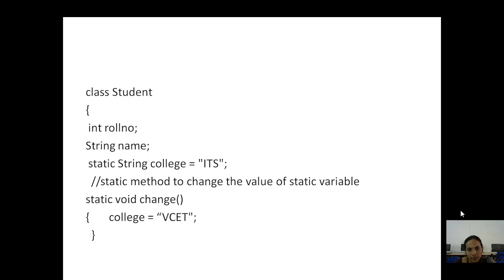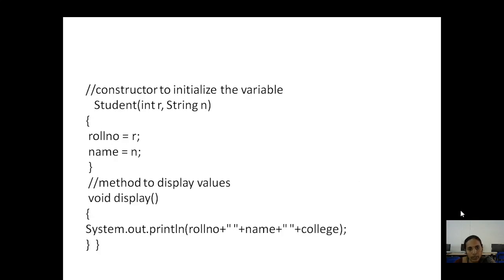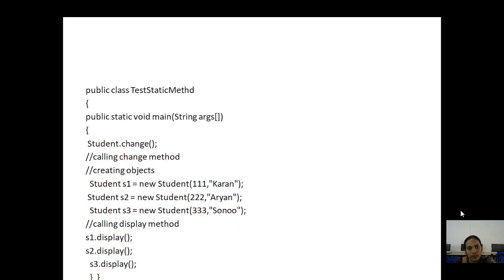In that method we are assigning the value to the college name. Within the main function, we do not create an object for the Student class. Without creating an object, we can access the static method. For example, the change method, which we already declared as a static method.